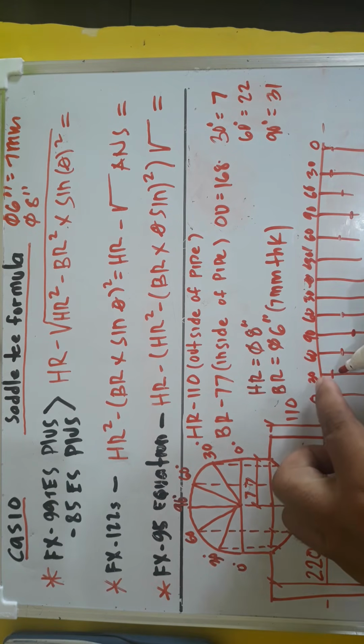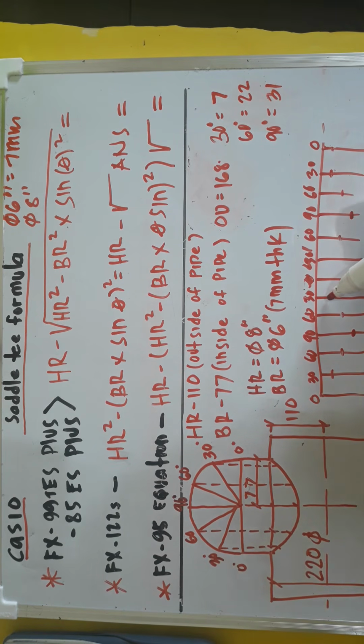And for the 30, this is 7, 7 also here. And for the 30, this is 7 also here. And this is the 0. This is nothing. So now we can make a projection from here, 0. Start from the 0, you can make a projection line.